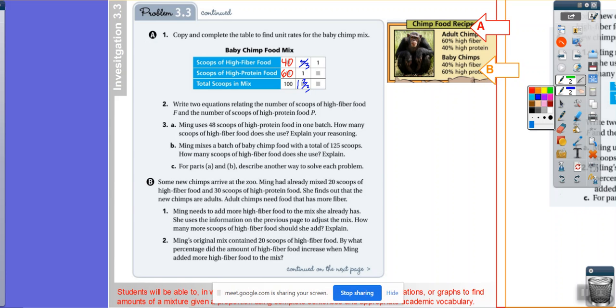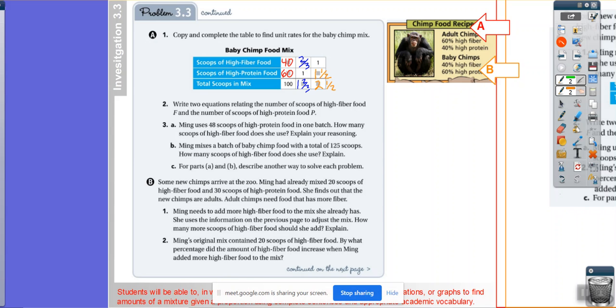So tell me how you got 1 and 1/2. Alright, so our scoops of fiber, we know it was 1. So if 1 was 40%, then if you divide that by 2, you're going to get whatever 20% is, which is 1/2. And then to get to 60% from 40%, you need to add that 20%. That'll be adding 1/2 to 1.